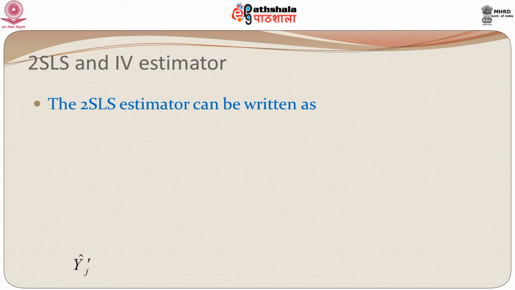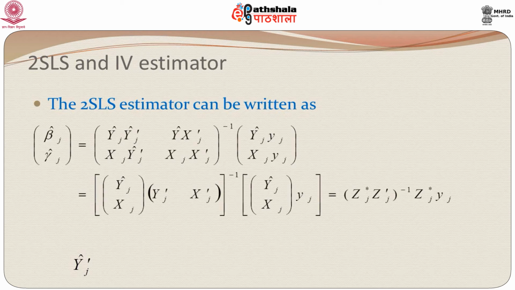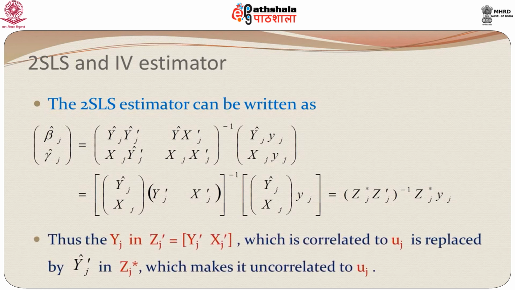The 2SLS can be written as beta j hat gamma j hat, which is in the final form Zj star Zj prime inverse Zj star Yj, where you have your Zj prime, that is Yj xj, replaced by Zj star, which is Yj hat xj.